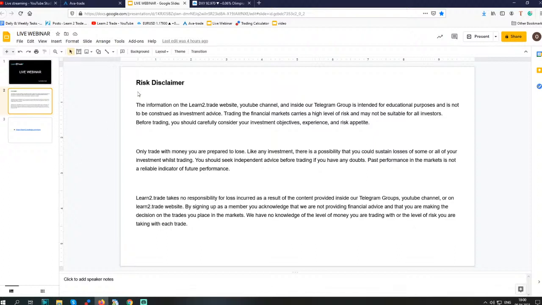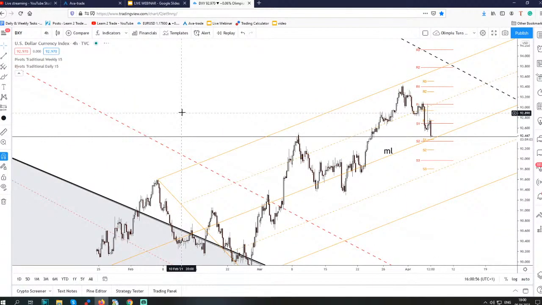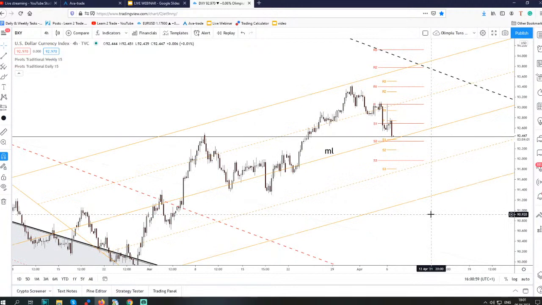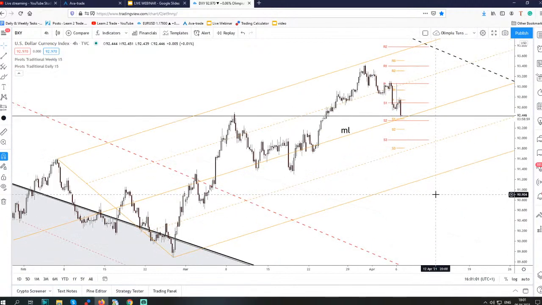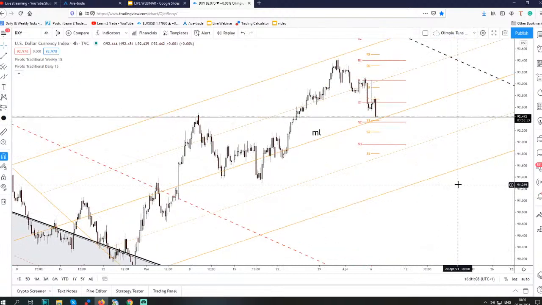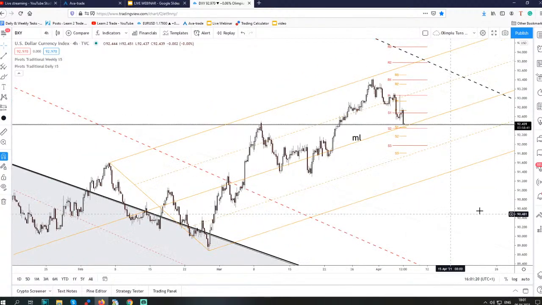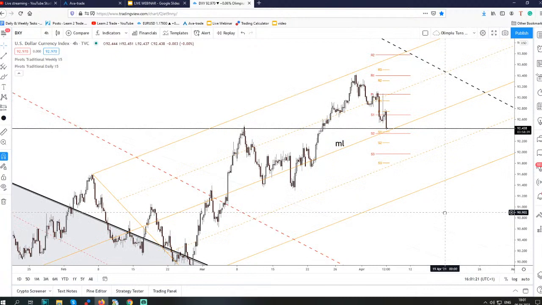Okay, so first of all, we'll start with the US dollar index, because it's very important for you to understand why the US dollar depreciates, drops versus the other important currencies in the short term. As you can see here on the 4-hour chart, the price has reached an important level.